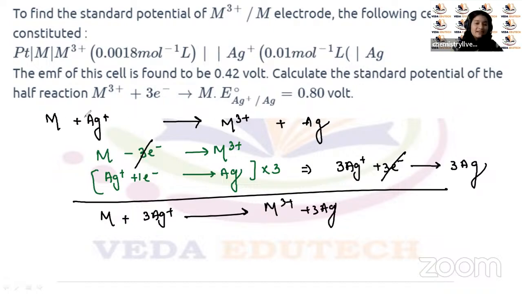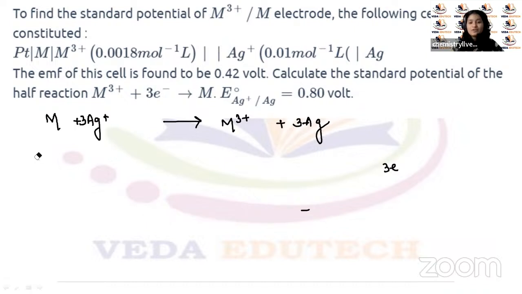So this is the anode reaction, this is the cathode reaction, and we have combined them to get the cell equation. I hope this part is clear, how to form equations.